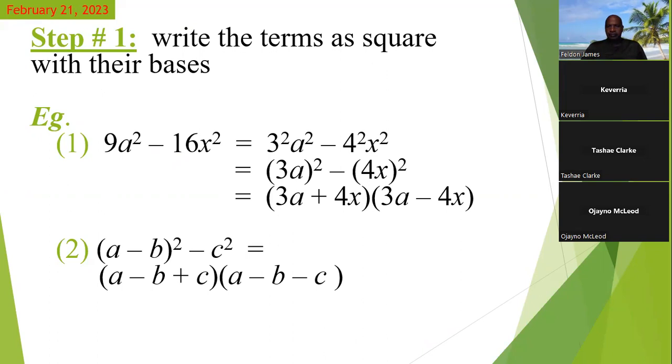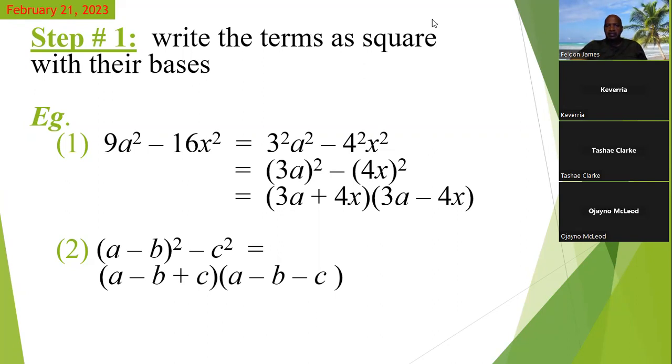Sir, I just need to practice more. Yeah, well, that part I know, but I just want to see whether or not you understand the procedure of what we're doing. If we are using the formula, this is the procedure. It might look weird based on the expression, but you're not focusing so much on the weirdness, but the procedure. Because if you have a square term minus another square term, the procedure is that you put the base of each of these square terms in two brackets, then you put a plus sign between them, and you put a minus sign between them. All right?